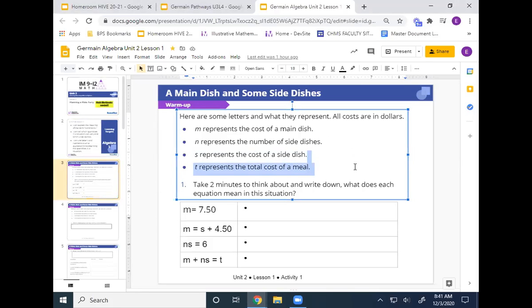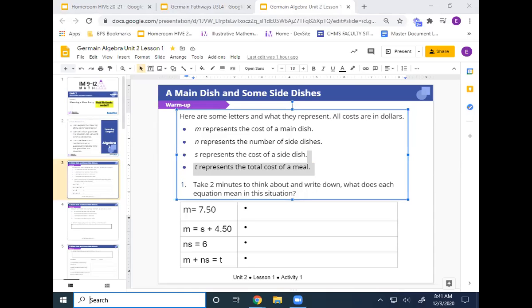Let me just turn my ink on. Sorry, guys. And you will be asked to identify what they mean. And that is what it's going to look like on yours. Okay. So once we look at this, you're going to take 2 minutes right now to think about and write down what each equation means in this situation.